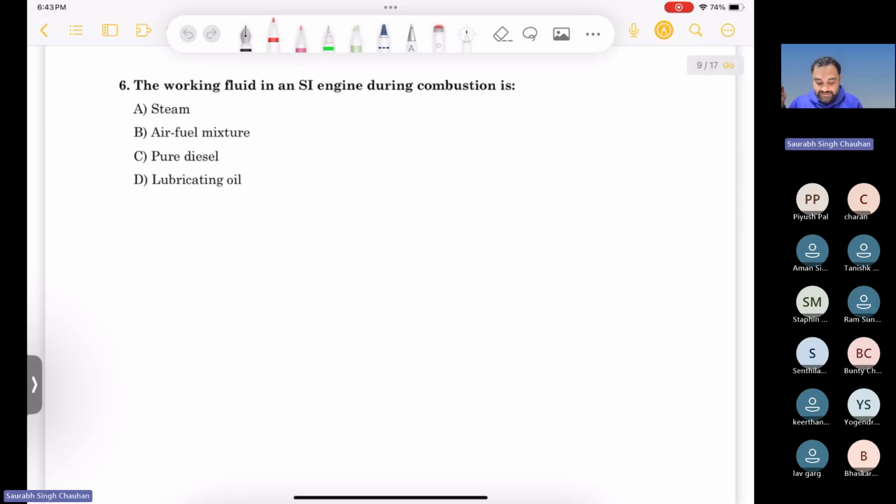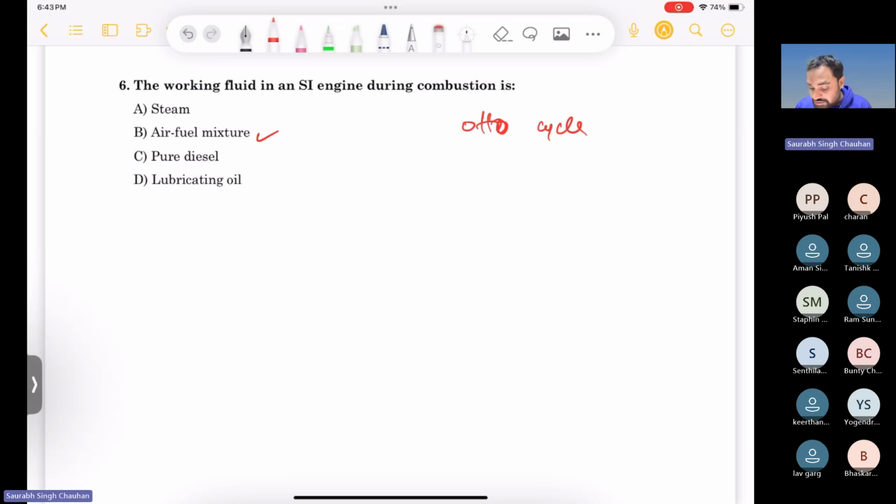So question number 6 says that the working fluid in an SI engine during combustion is air fuel mixture. And in the Otto cycle, what is the working fluid? Not air fuel mixture.